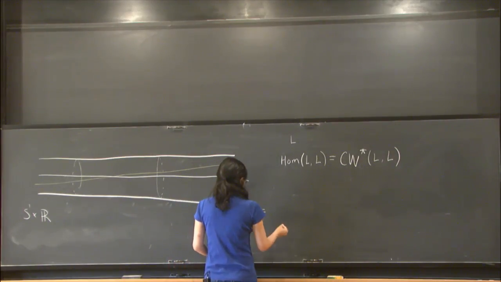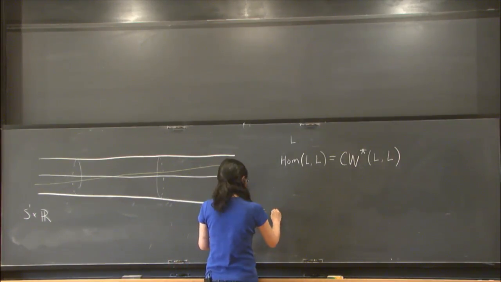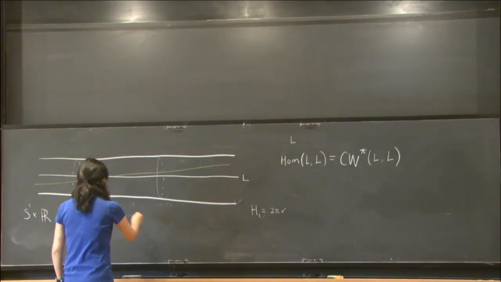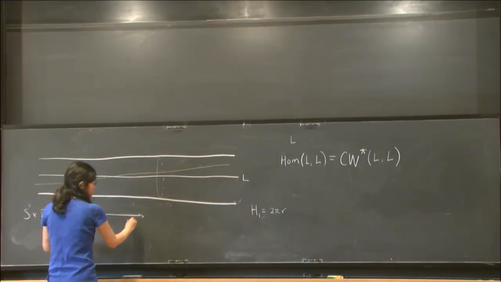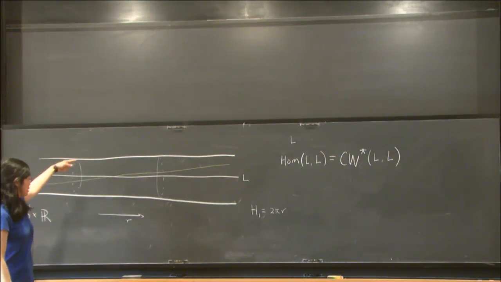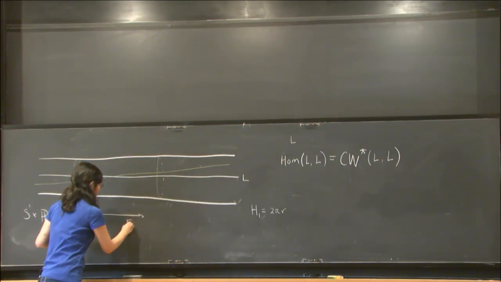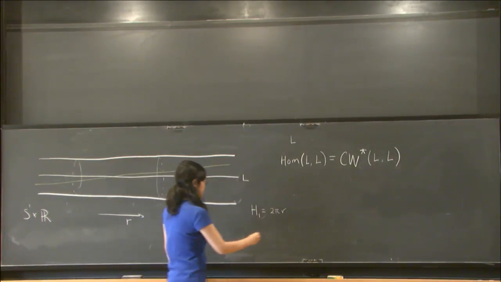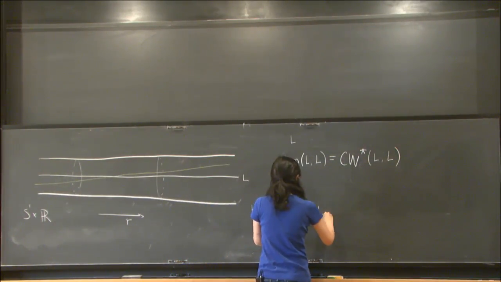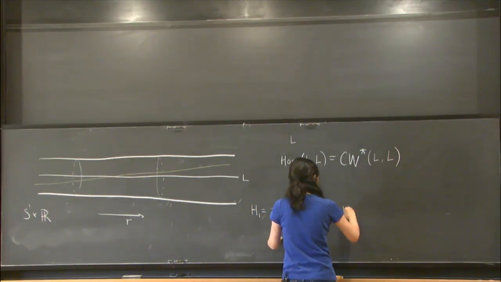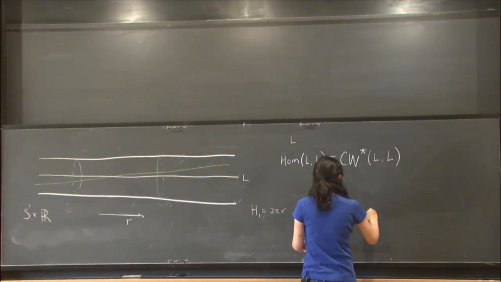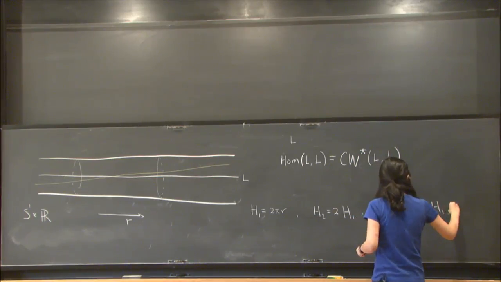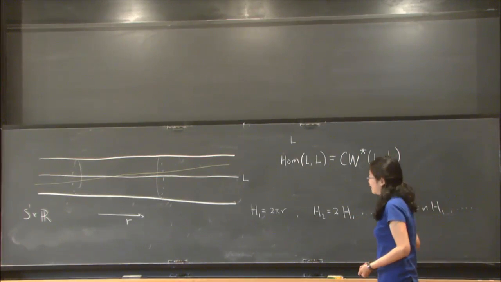Let's say H1 is 2πr, where r is in this direction, and S^1 is in the other direction. Then H2 is 2 times H1, and so on: Hn is n times H1 as n goes to infinity.